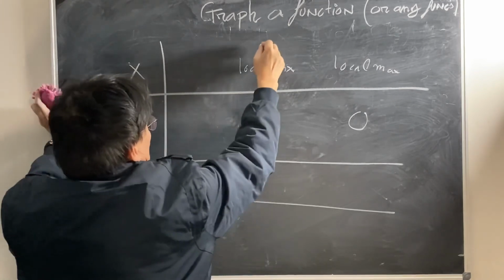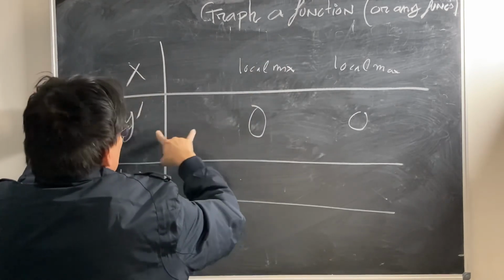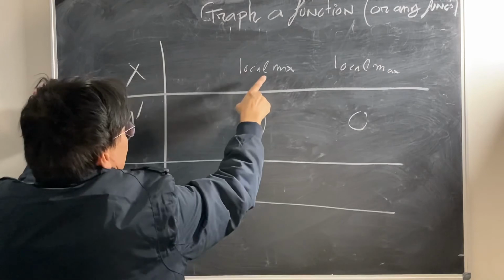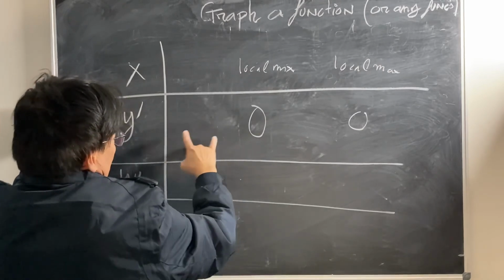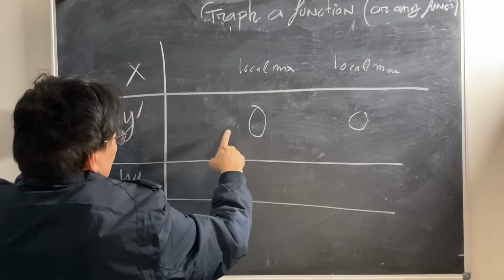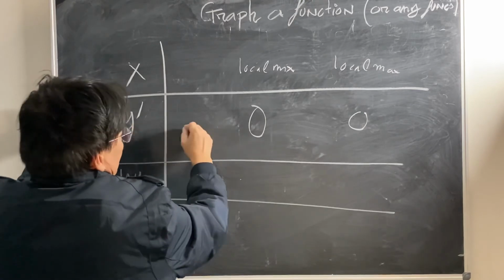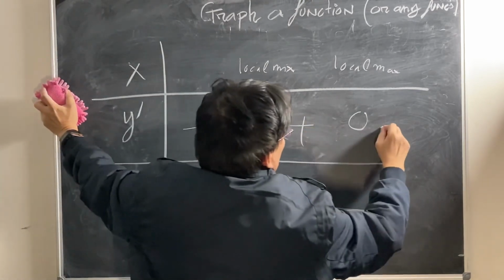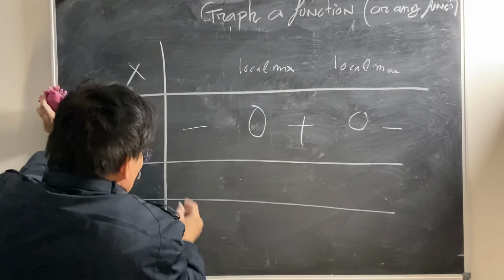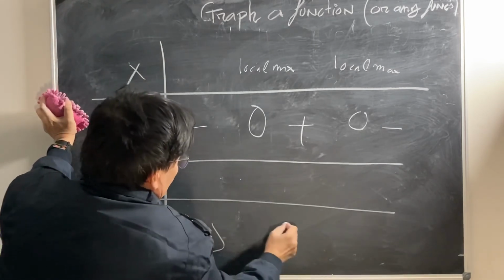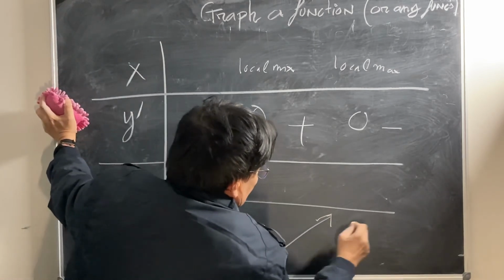From x to the local min, you have to consider the sign of y prime. Suppose it's negative, then positive, then negative, then y will go down, go up, and go down.